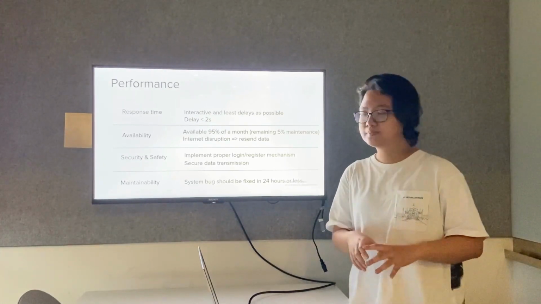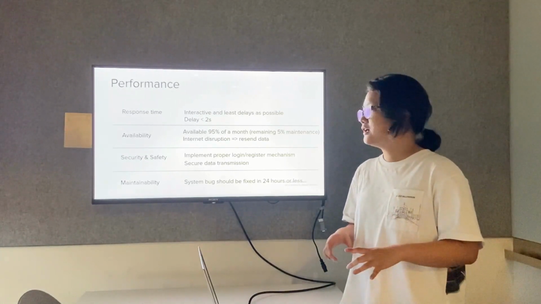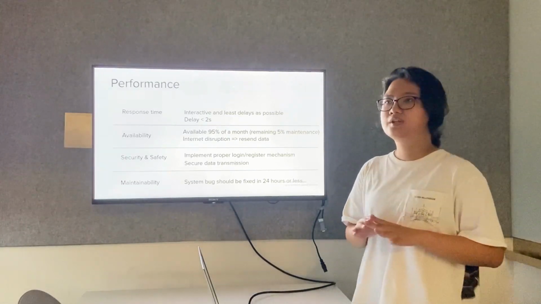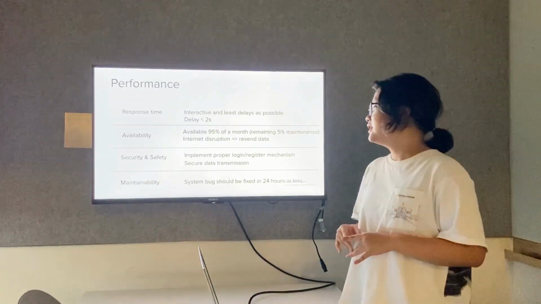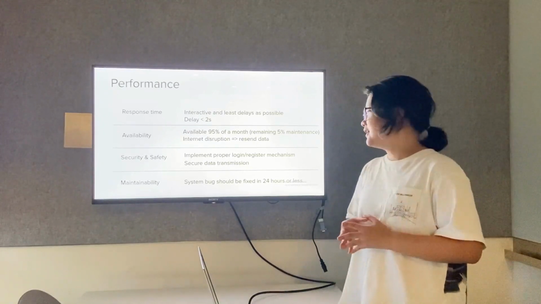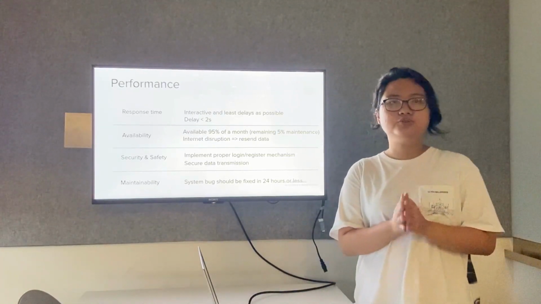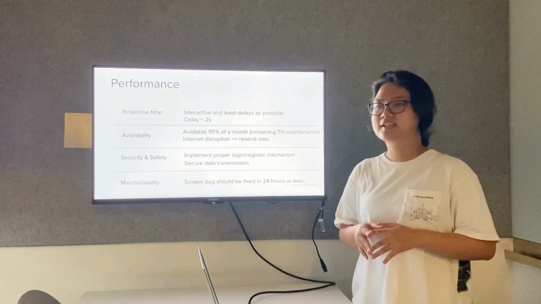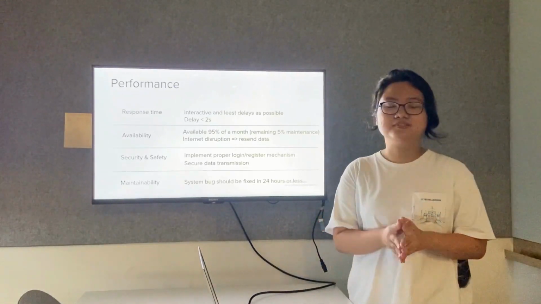And for the data transmission, the data should be securely transmitted from servers to the database or to the users. And for maintainability, a system bug when found should be fixed in about 24 hours or less, and that is expected of the performance of the system.